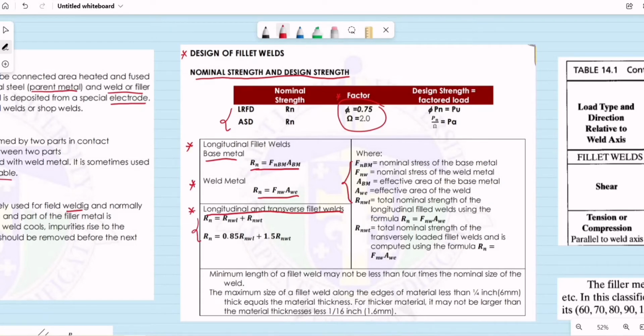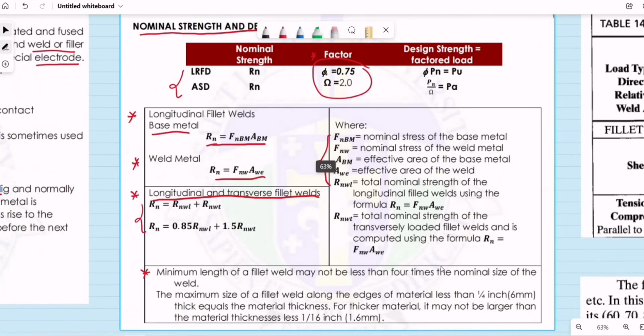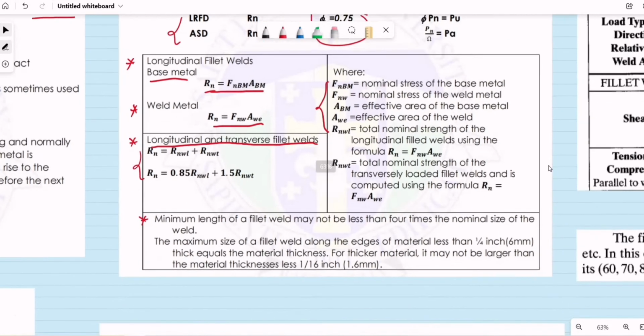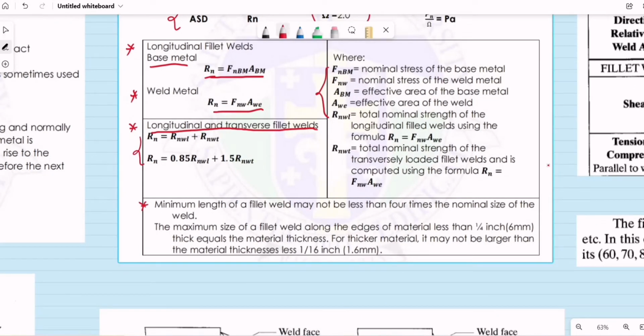When it comes to the length of the fillet welds, the minimum length of a fillet weld may not be less than 4 times the nominal size of the weld.